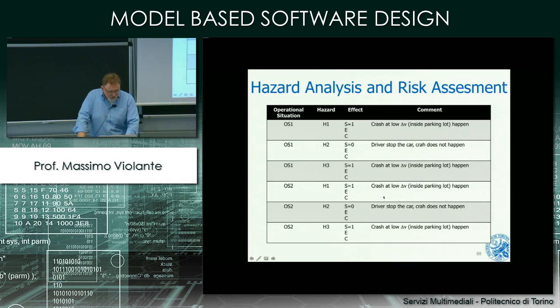Then, if we consider H2, that is the sensor is faulty and gives me a false indication of the distance, lower than the actual distance, it means that the driver will stop the car even if it is not necessary.